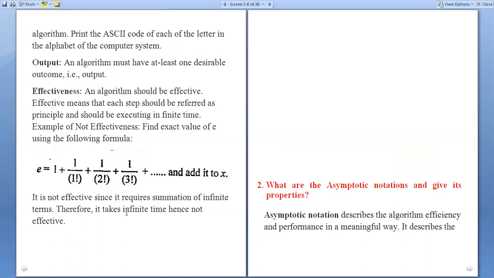Therefore it takes infinite time, hence not effective. When you write the algorithm for this, it takes an infinite number of steps, and a lot of time is taken by this algorithm to solve this problem. So it is not effective.